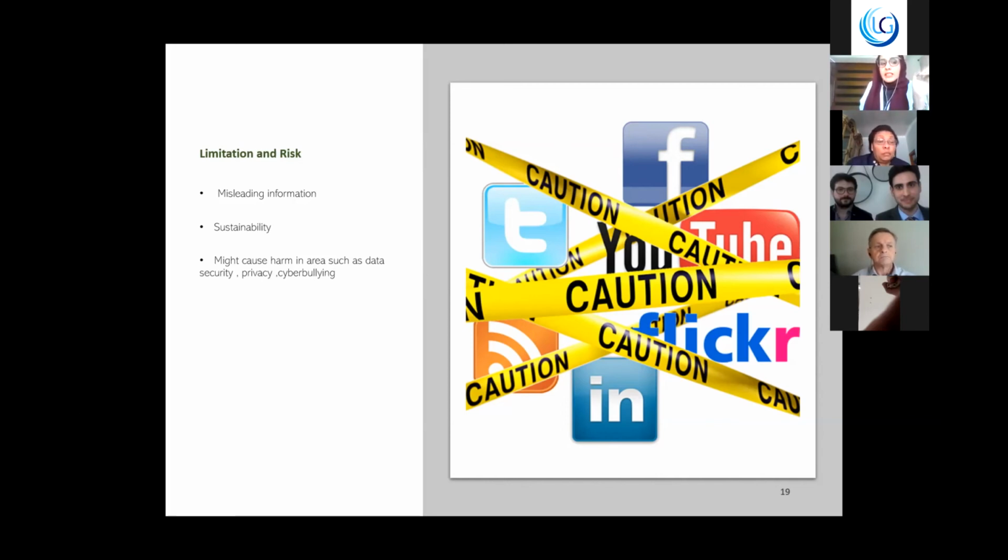The second risk is the sustainability of information, and that clearly happened during the Corona crisis. At the beginning of the crisis, when WHO declared that wearing a face mask is not necessary for prevention from Corona infection, this information was disseminated everywhere on all social media platforms.